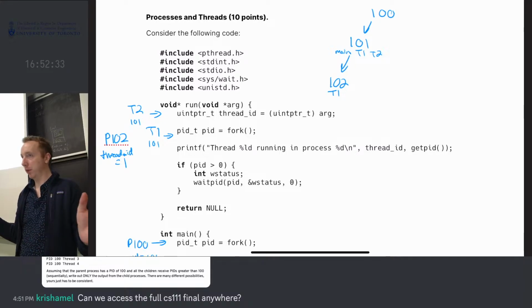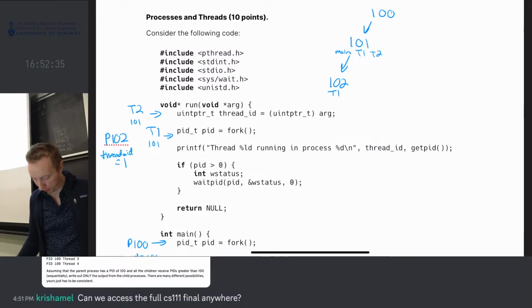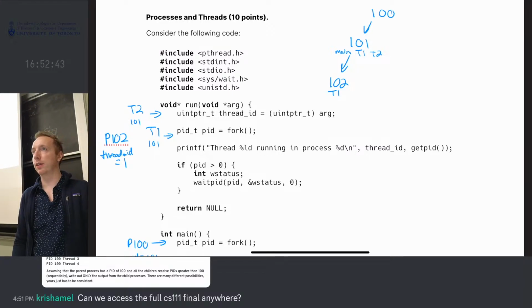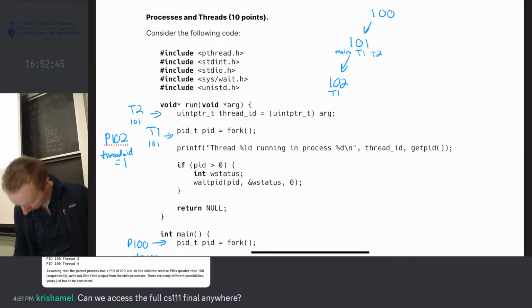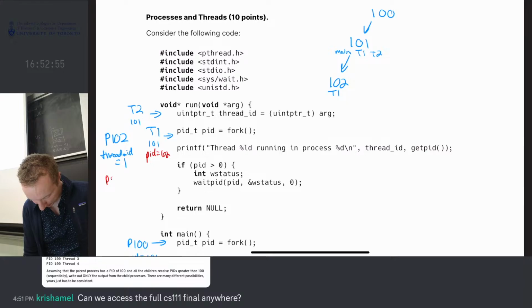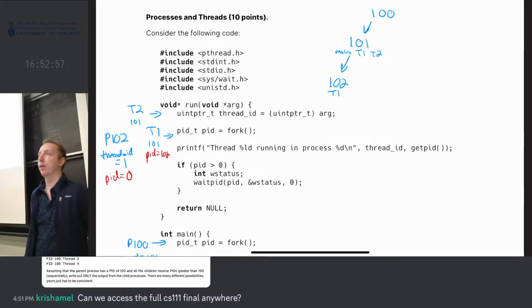All right, so now at this point, in thread 1 in process 101, what does fork return for that one? 102. So in thread 1 in 101, here I'll use a different color, PID is equal to 102, and in process 102, PID is equal to 0.